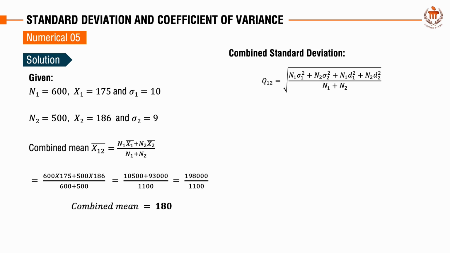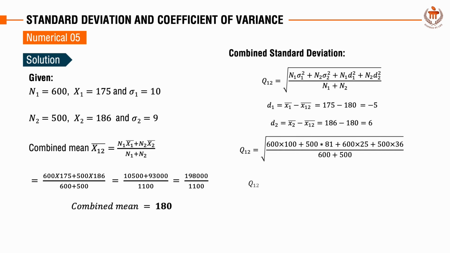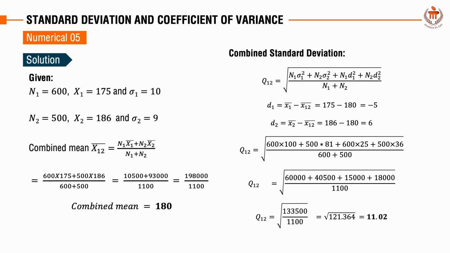D1 and D2 are the deviations of these values from their combined mean value. So D1 is the mean of the first data minus the combined mean, 175 minus 180, this is minus 5. And D2 is the mean of the second data minus the combined mean, which we got as 6.